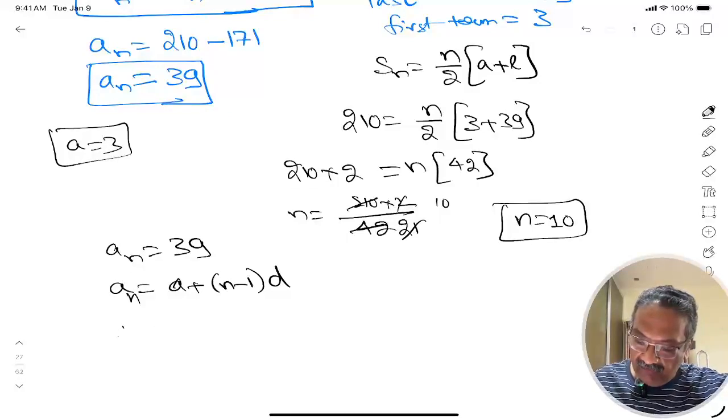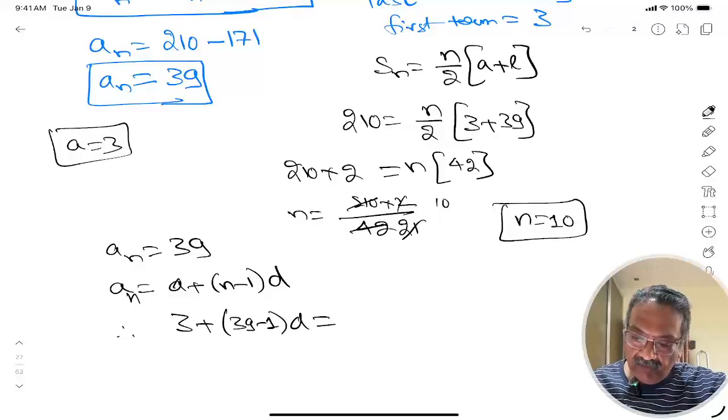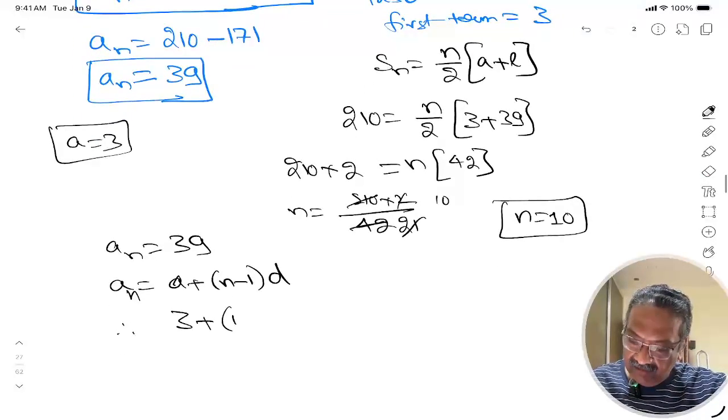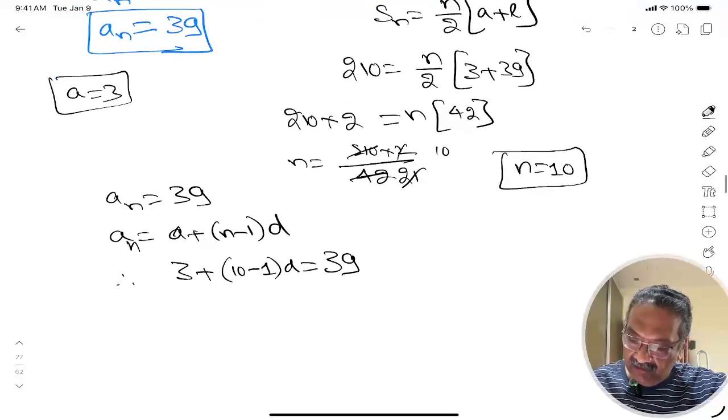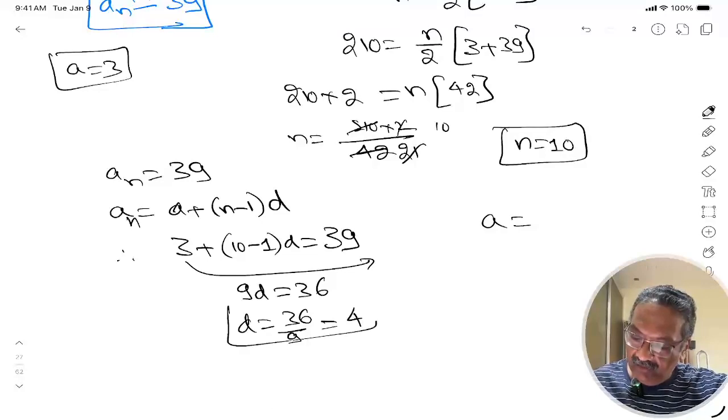So a is 3 plus n minus 1 into d, is equal to, sorry, n is not 31. Do you know n? Yeah, n is 10. So 10 minus 1 into d is equal to 39. 3 comes to this side, 39 minus 3 becomes 36. 10 minus 1 is 9d is equal to 36. Therefore d is equal to 36 by 9 is equal to 4. So we got a as 3 and d as 4.